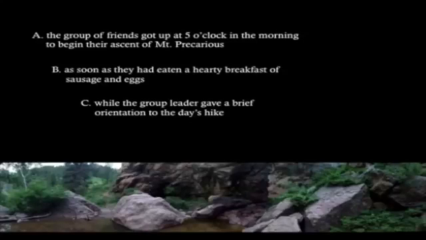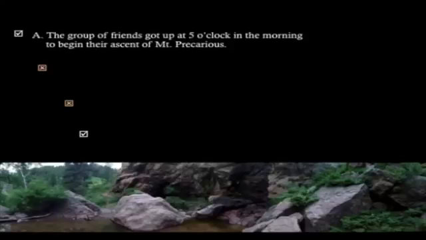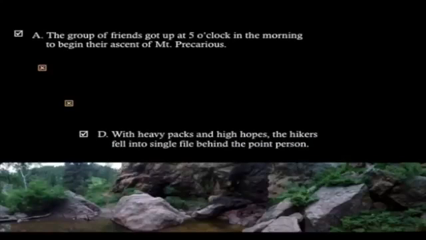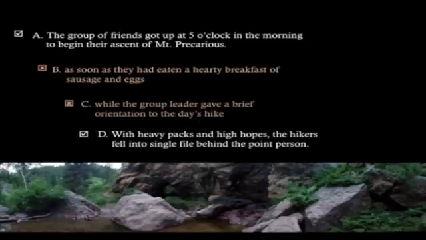And D. With heavy packs and high hopes, the hikers fell into single file behind the point person. If you think A and D are independent clauses, you're right. B and C are dependent or subordinate clauses and should not be punctuated as sentences because they're not.